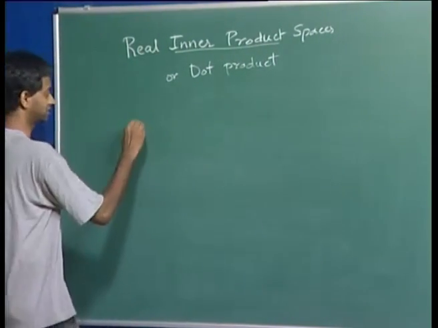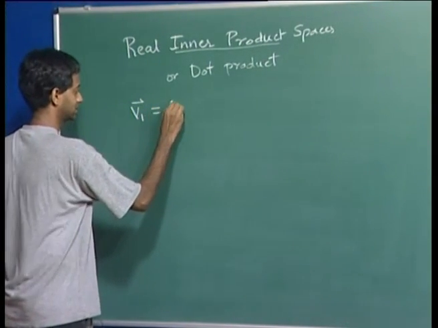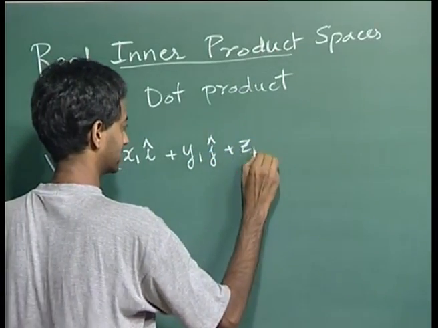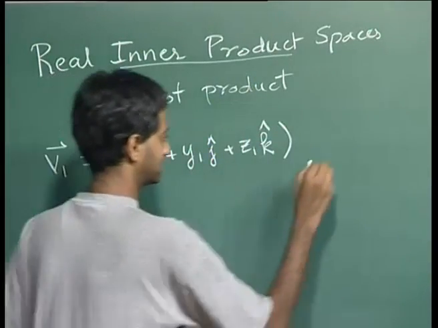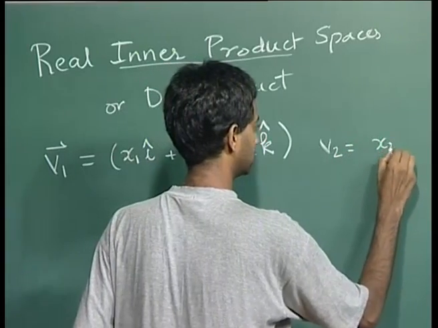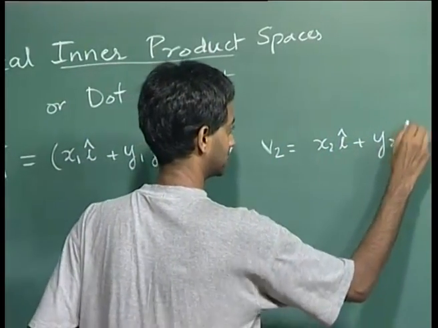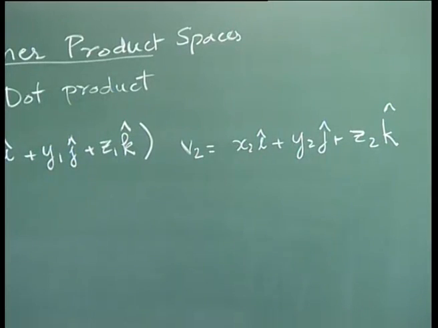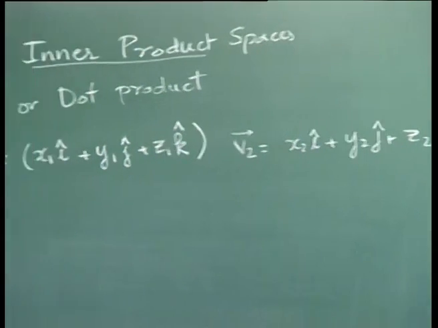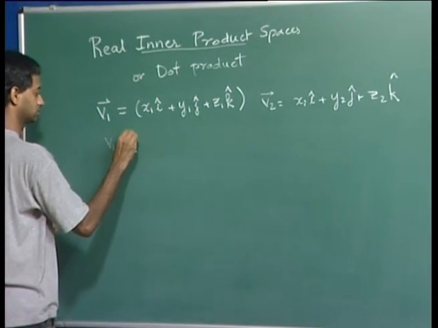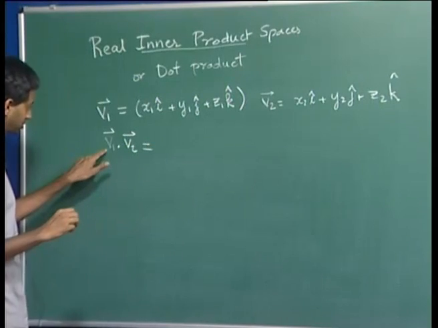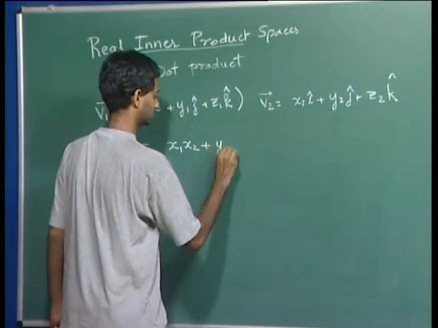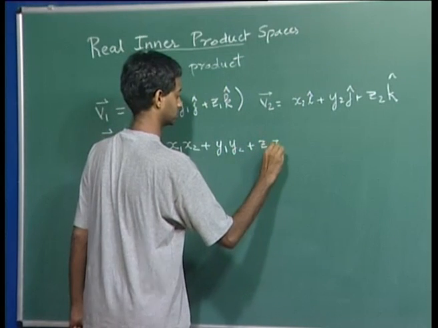So, in three-dimensional Cartesian coordinates, if you have a vector v1 denoted by x1 i plus y1 j plus z1 k, and you had a vector v2 denoted by x2 i plus y2 j plus z2 k, then the inner product of these two vectors is denoted by v1 dot v2, and it gives you a scalar, and the value of the scalar is x1 x2 plus y1 y2 plus z1 z2.